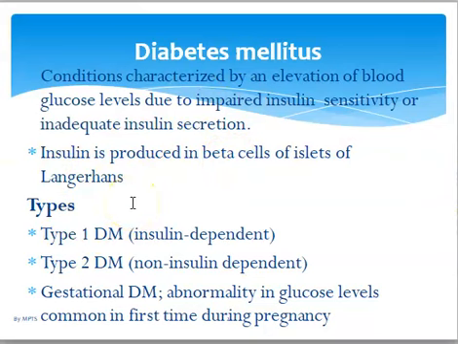The types of DM are type 1, insulin-dependent, type 2, non-insulin dependent, and gestational DM. Ensure you can differentiate between these two. We may talk about them later in our presentation, where we shall discuss the therapeutics and explain the pathophysiology of DM better.